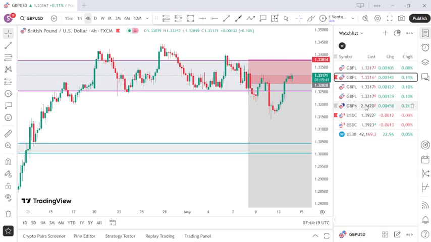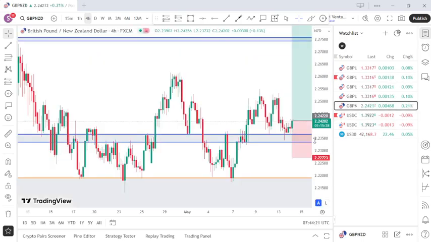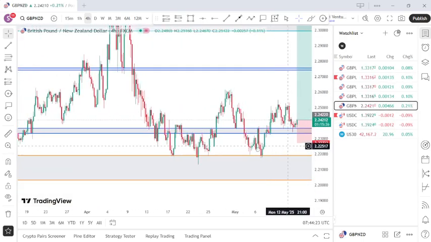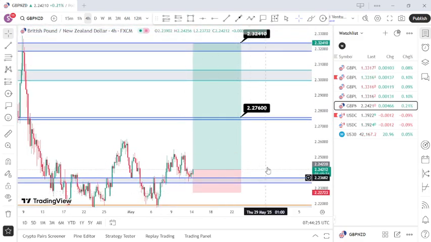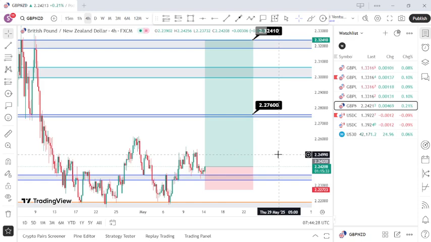I wanted to analyze GBPUSD, but with what price is doing right now, I'm not sure you're going to get what you want. So let's just end it on GBPNZD.